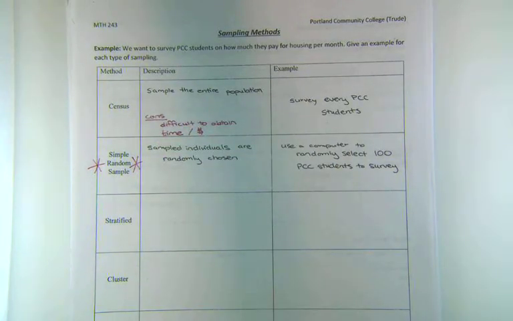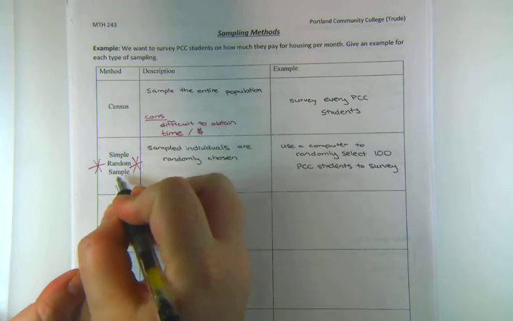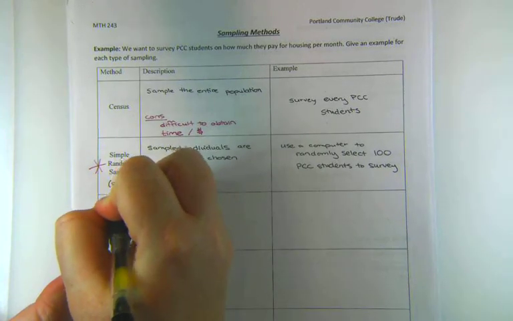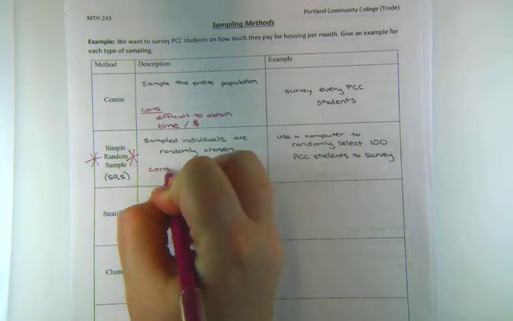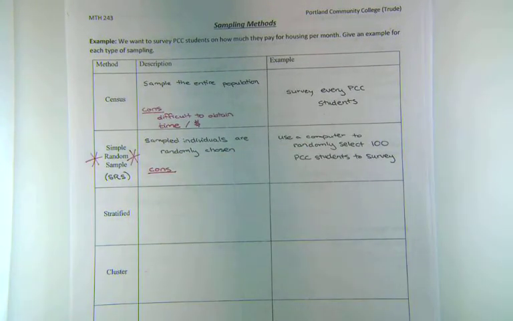This is really the best way to collect a sample. It's going to give you a very diverse group. With it being random, there's no bias coming through. And for simple random sample, for short, you'll see that as SRS sometimes.